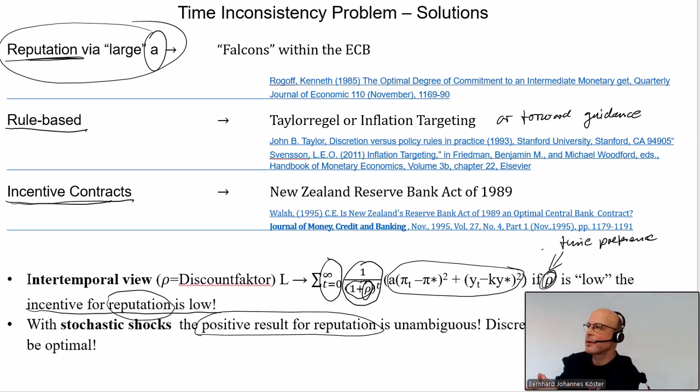Because the argumentation for reputation in general is, of course, a very long-run argument. And if during this long-term time the circumstances are always changing, then of course we have to adjust our monetary policy, or our policy in general.